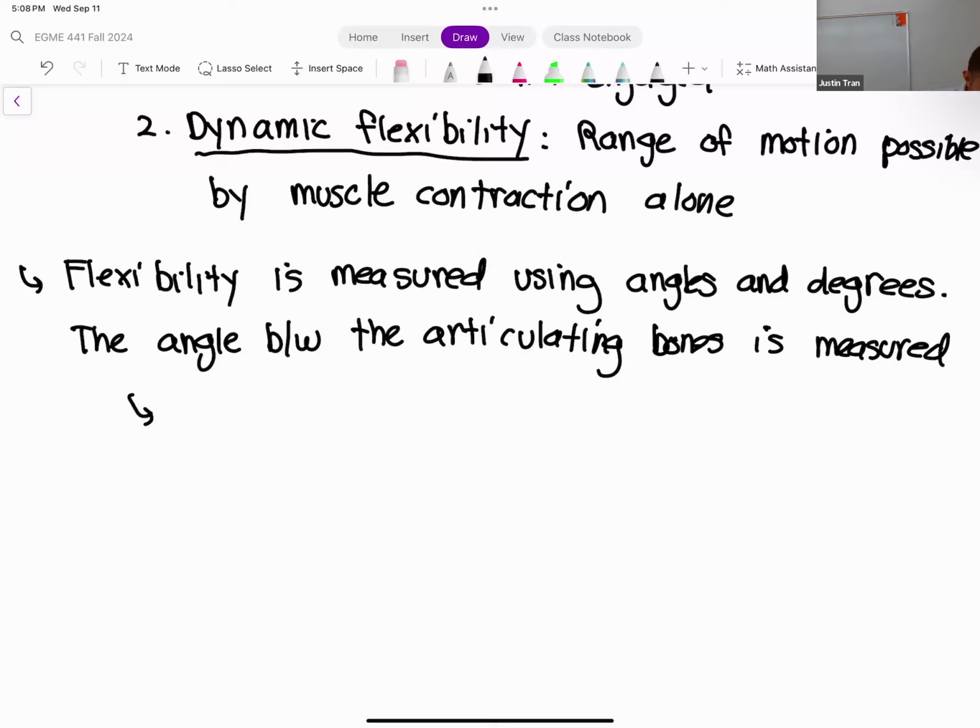And in fact, this is a quantity that we're going to be talking about a lot later, especially once we get into human motion, human dynamics. This particular angle is called the joint angle.